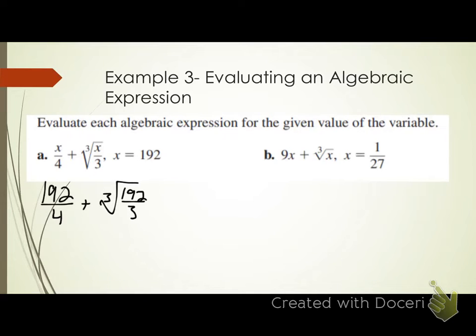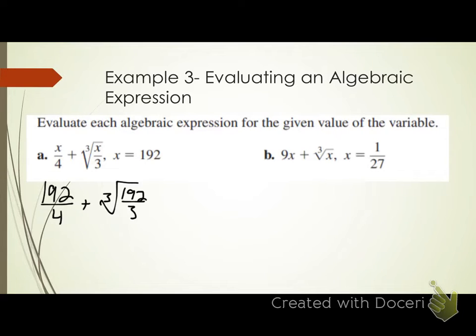Yeah, we probably need to figure out the cube root of 192 over 3 first, right? So let's try to do what we did earlier and find the cube root of them individually. What's the cube root of 192? Can you find a number that's going to be a nice whole number that when I multiply it by itself again, it's going to give me 192?